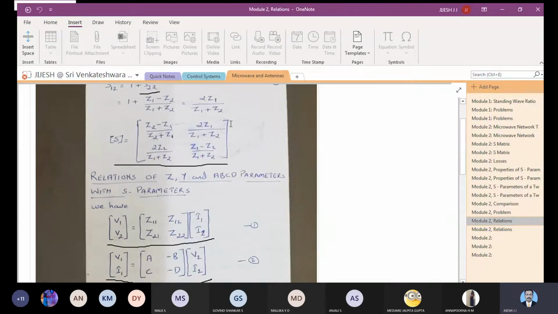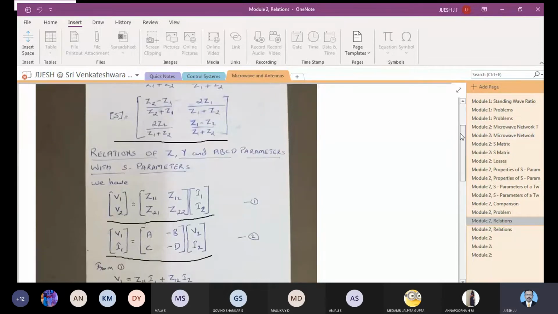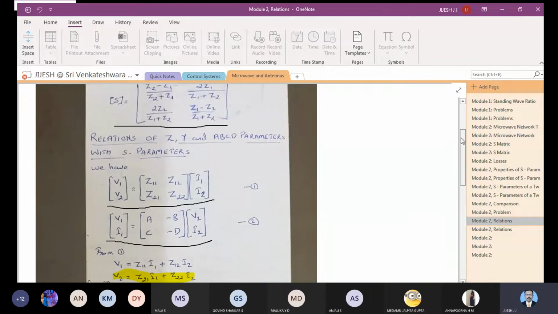And further, when we proceed, we can understand that these parameters can be utilized to find the relationship between Z, Y, ABCD, and S parameters. These things we have already discussed, and we got the comparison between the Z and ABCD parameters.